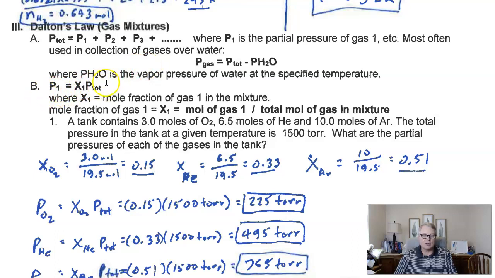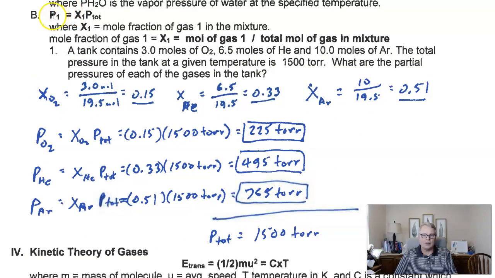Here's another little equation that kind of comes in handy. The pressure contribution of a particular gas is equal to x1 times P total, where x1 is something called the mole fraction of the gas in the mixture. And mole fraction is pretty much exactly what it says. It's the moles of gas that you're looking at over the total moles of gas in the mixture.